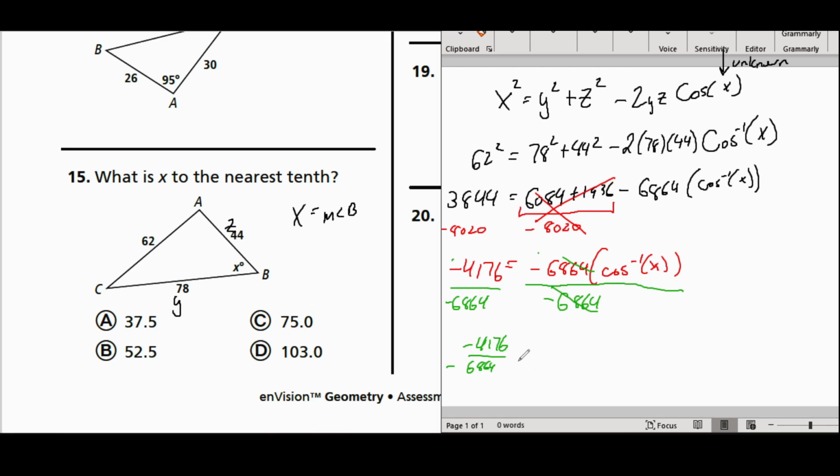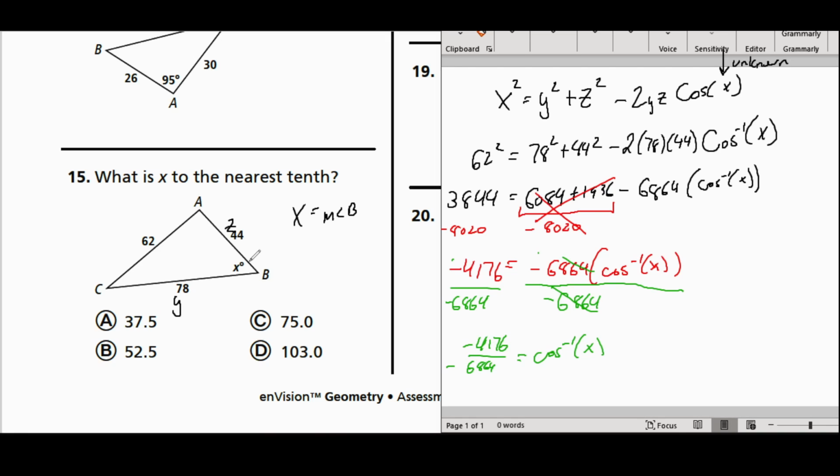These will cancel, and I'm left with the inverse cosine of x is equal to negative 4176 over 6864. That's a double negative, so I'm not going to worry about that when I put it in the calculator, because I know that's going to become positive. So I'm going to do 4176 divided by 6864. It equals, and I get a small number, 0.608391608.